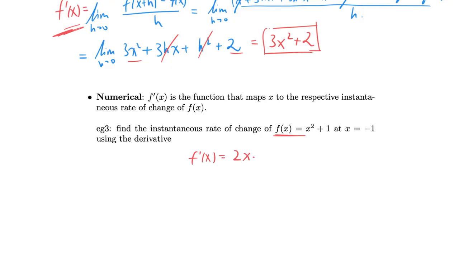And then with this, you can just plug in f prime of -1 equals -2. So in this numerical interpretation, f prime of x maps x, which in this instance was -1, to its respective instantaneous rate of change, which is -2.